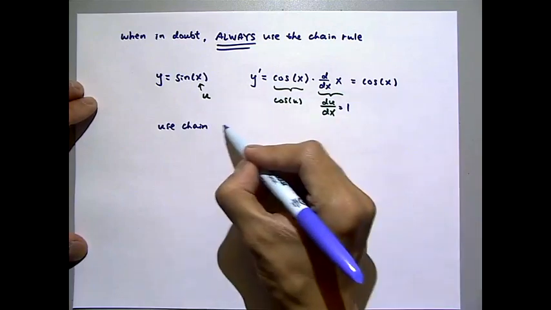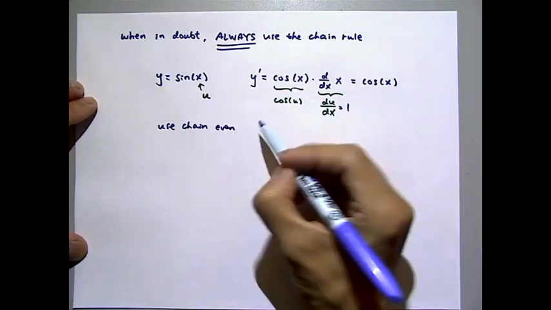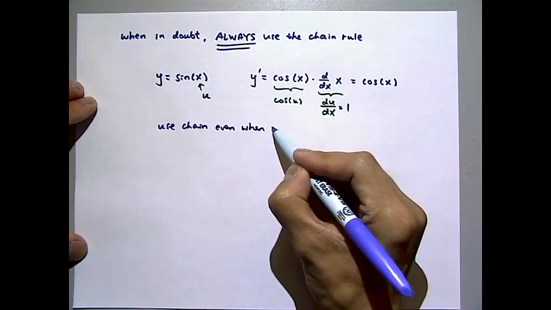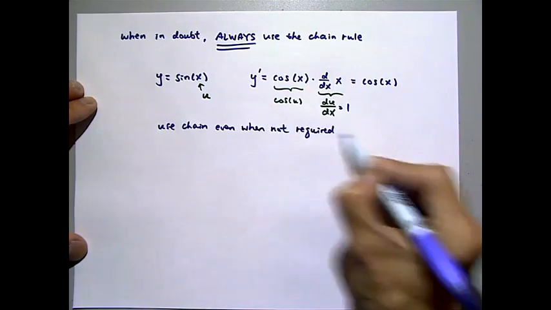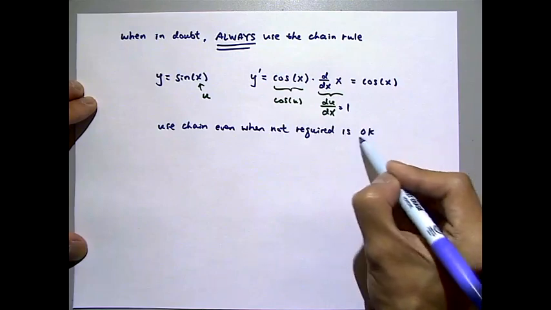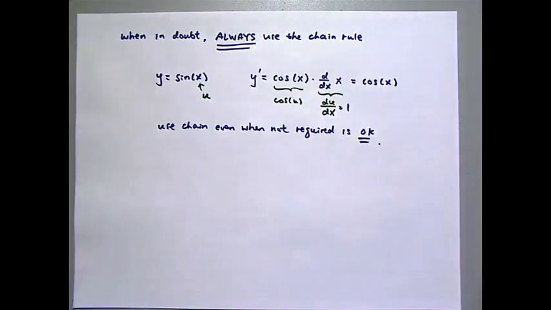So if you use the chain rule even when you don't have to, it's okay. It doesn't change what you're supposed to get. All the fundamental stuff can be looked at as if you're calling x u, and that du dx is simply a 1.